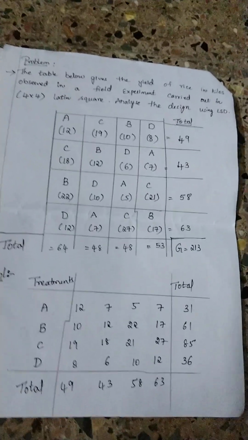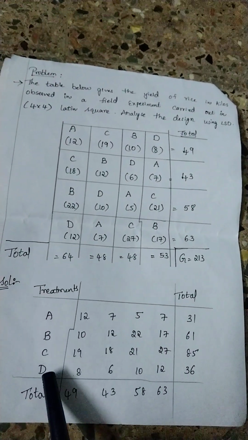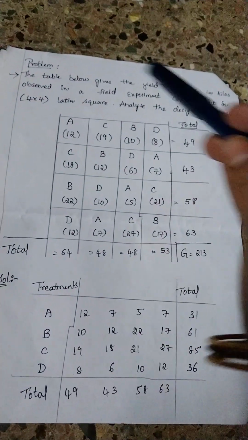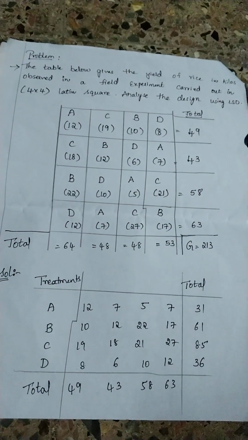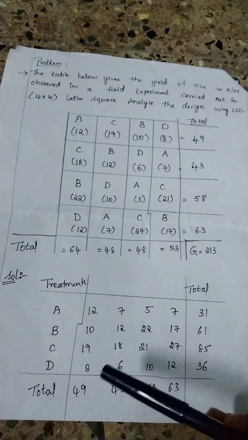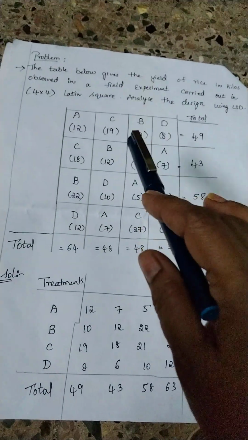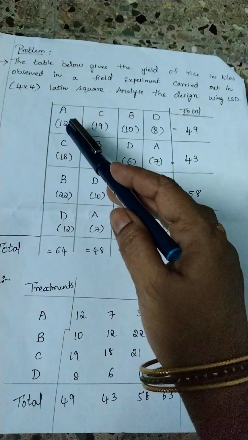Now, to find the sum of squares due to treatments, I am going to make a table based on treatments. How many treatments do we have? A, B, C and D. From each row and column, we will have the treatments. Now we write those values from the given question. A is how much here? 12.